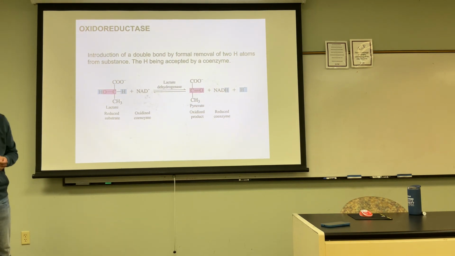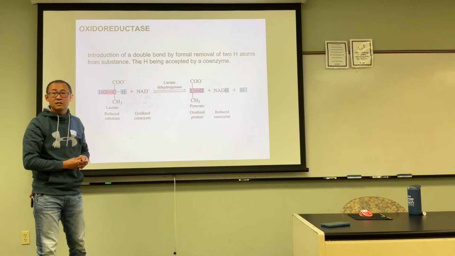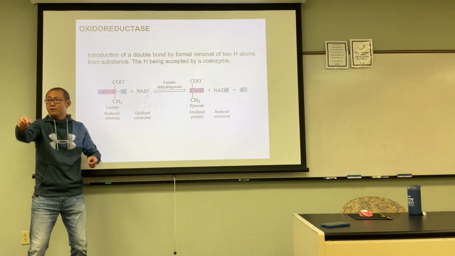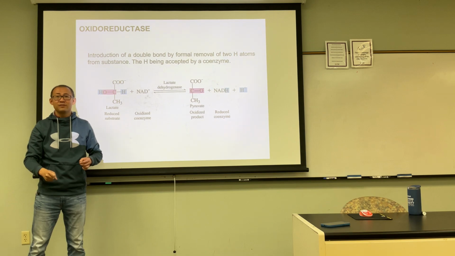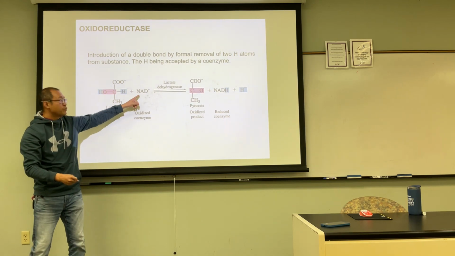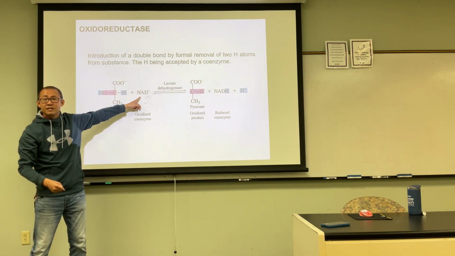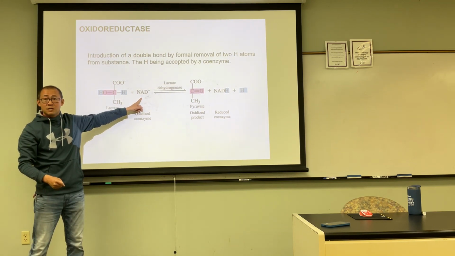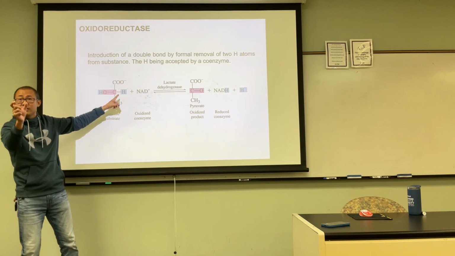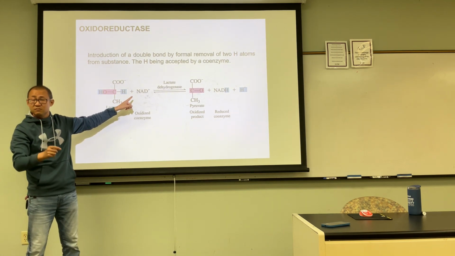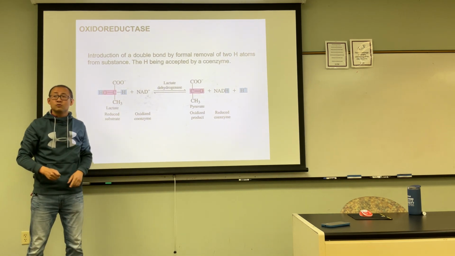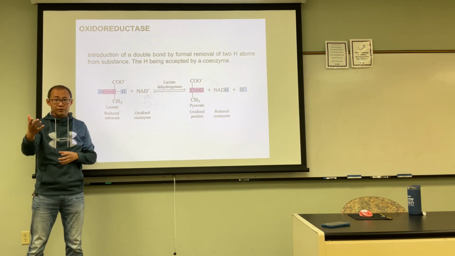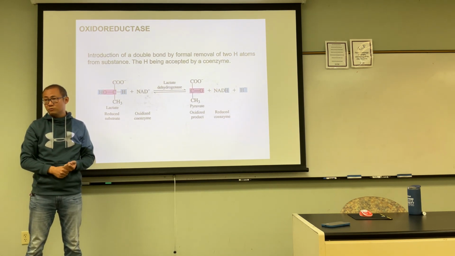And another important clue about oxidoreductase is, I remember at the very beginning of this semester, you guys were talking about NAD plus and NADH, right? Normally for oxidoreductase, if you remove a hydrogen, you need somebody to what? To take the hydrogen. Who is the taker? NAD plus or FAD. We're going to study these in chapter 12 as well.